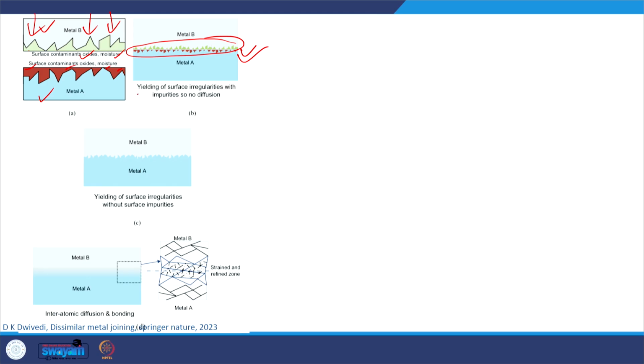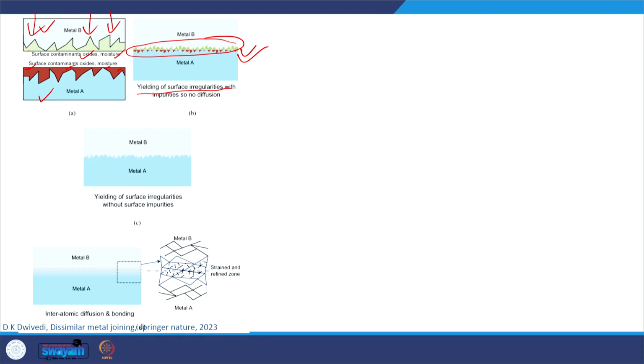This collapsing or yielding of the surface irregularities will improve the metal to metal bonding, but if you still have the impurities or the air gaps or the voids at the interface, the diffusion will not be there.